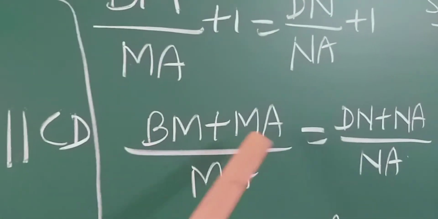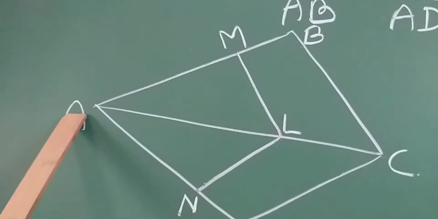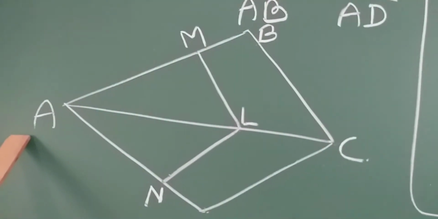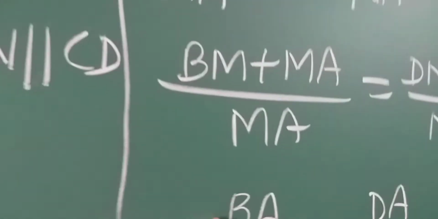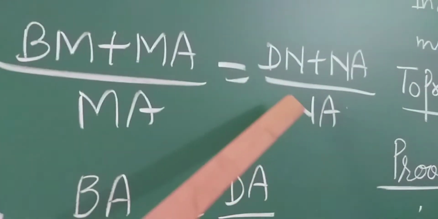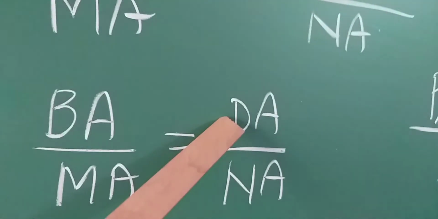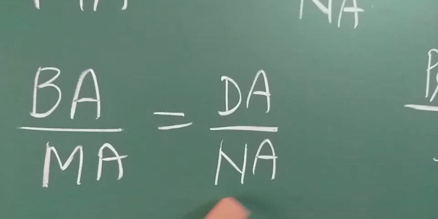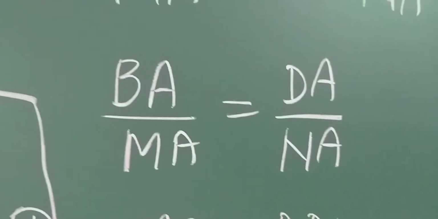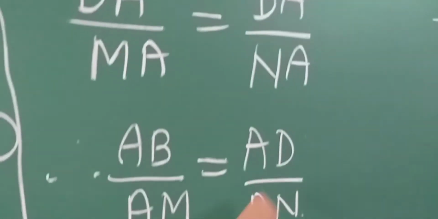So BM plus MA equals AB. So I have written here AB upon MA, DN plus NA equals AD. So at this place we can add AD or DA upon NA. So it can be written AB upon AM equals AD upon AN.